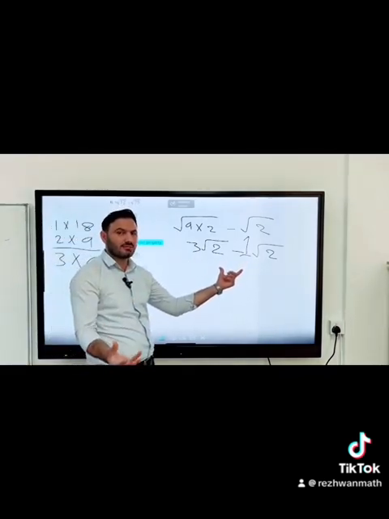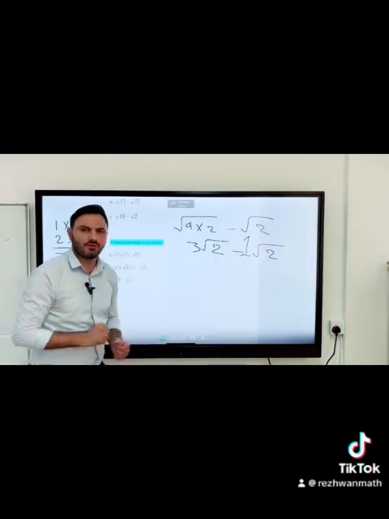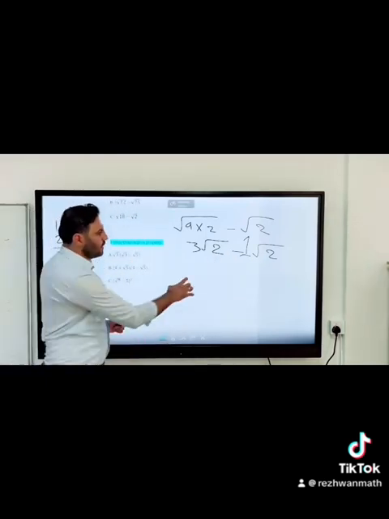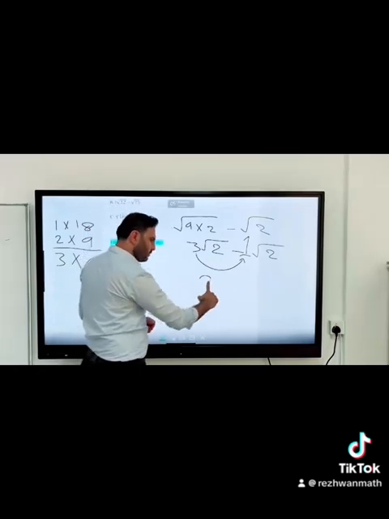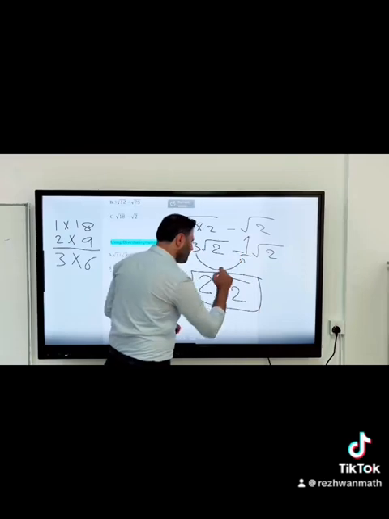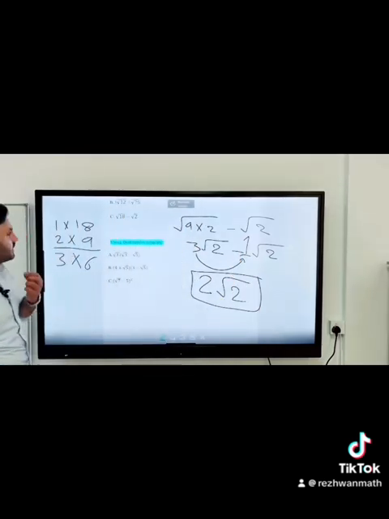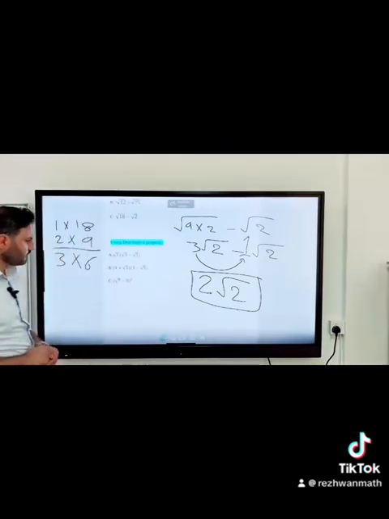If we have like radicals, we have to add and subtract the numbers in front of the square root. So 3 minus 1, we get 2 square root 2. Now, the simplest form of square root 18 minus square root 2 is 2 square root 2.